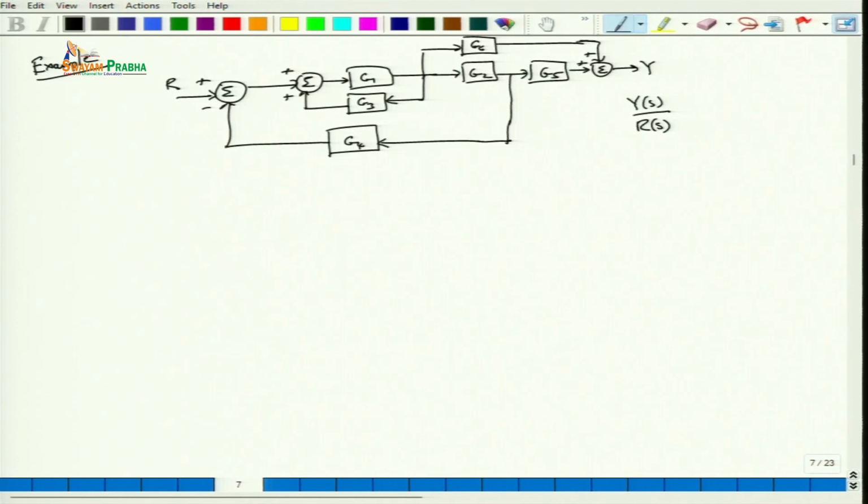So what we'll do is first consider one aspect. We'll focus on simplifying only this portion.